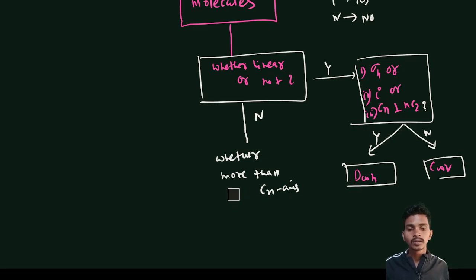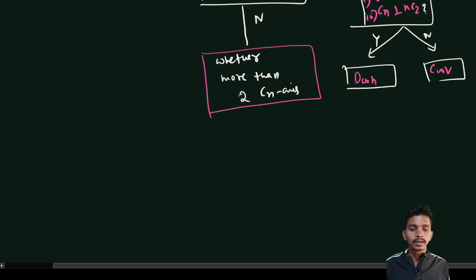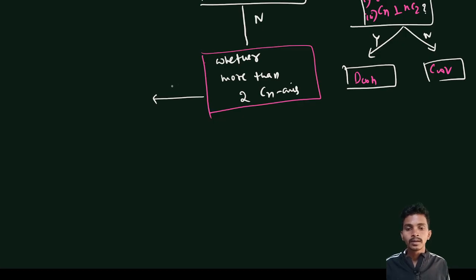It is better to ask whether there are more than two Cn axes. If this question is asked, then the answer is either yes or no.